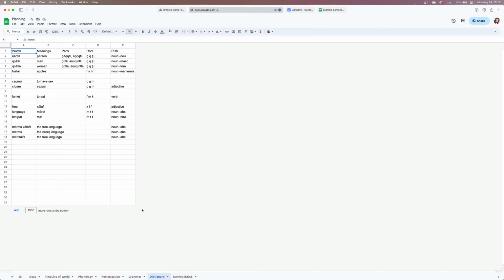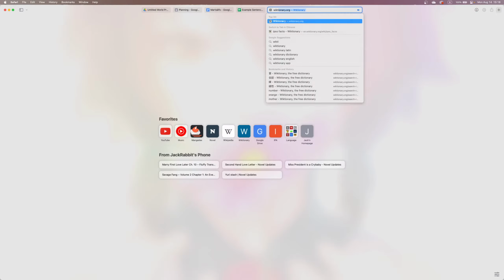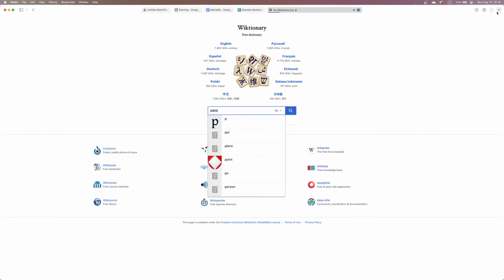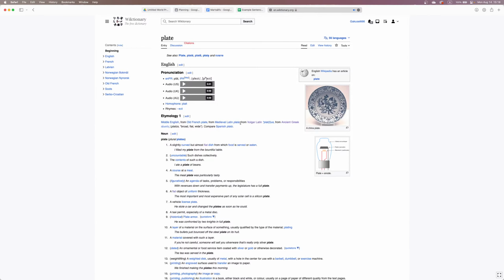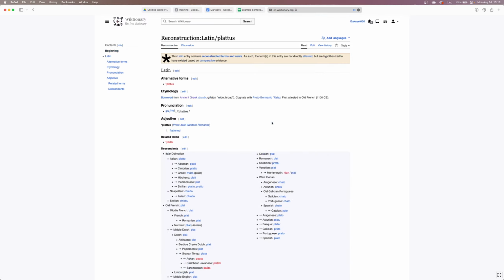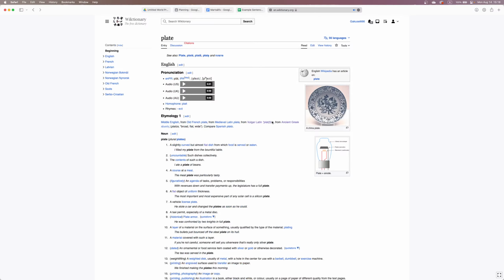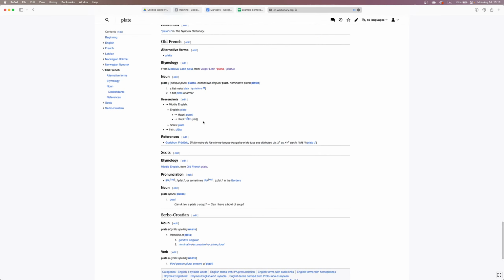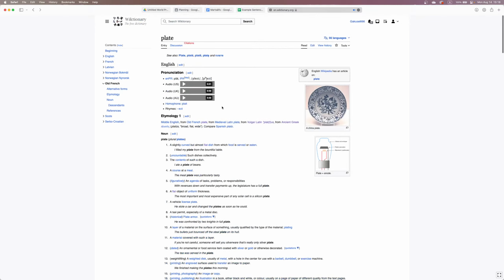Let's see where the word plate comes from. So it ultimately comes from platus, or wide and flat, which makes sense.